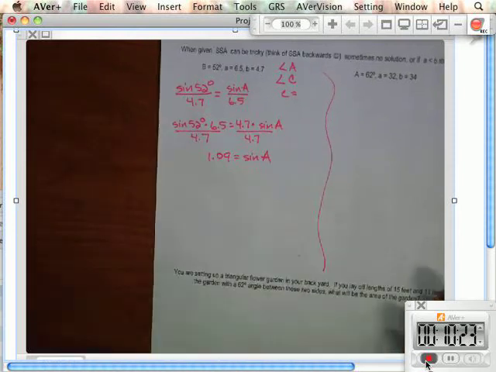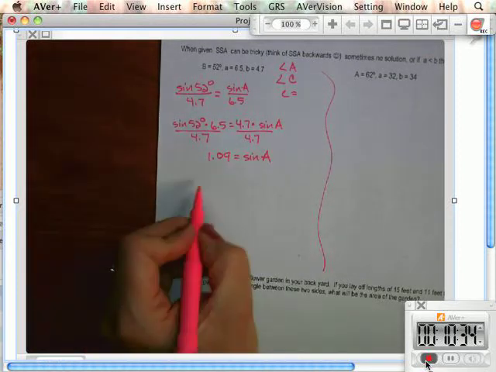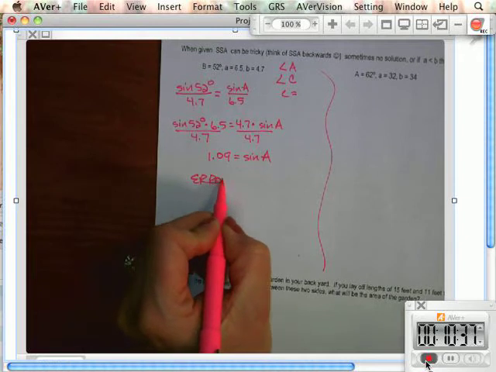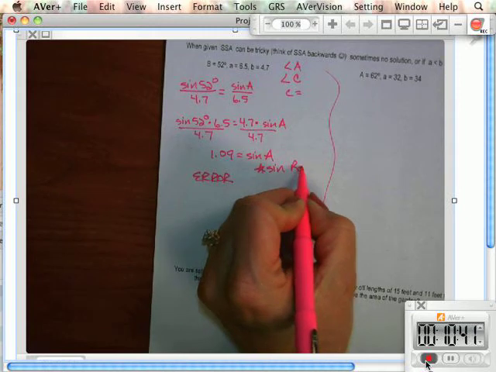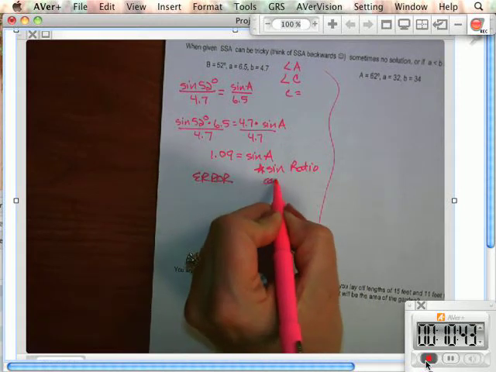Oh, what did I just show you on that unit circle? The sine ratio can never be greater than 1. Okay, so this is an error. There's no solution. Sine ratio can never be greater than 1.